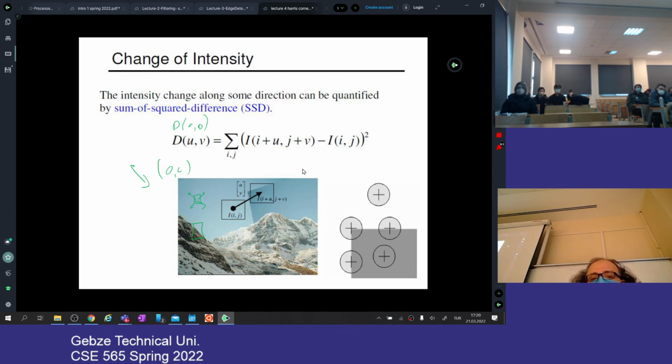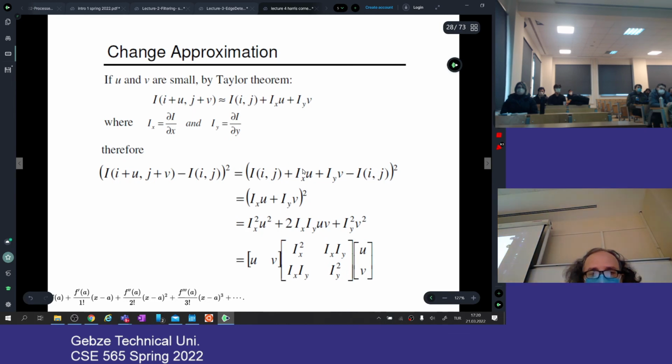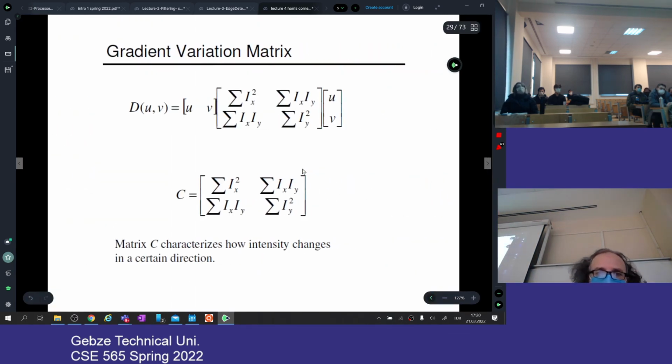Let's use some matrices. Maybe this is a linear system that will tell us something about the directions of our movement. At the end, we are going to show you something. Looking at the image gradient values, we will come up with a matrix like this, and we are going to find the eigenvalues of this matrix.